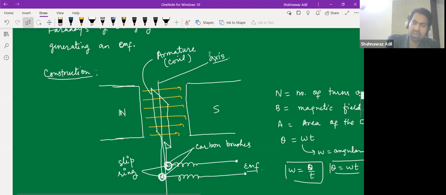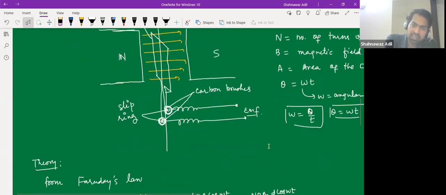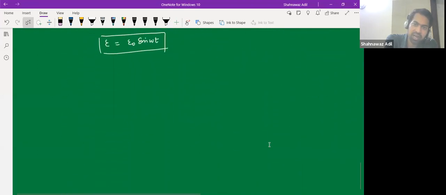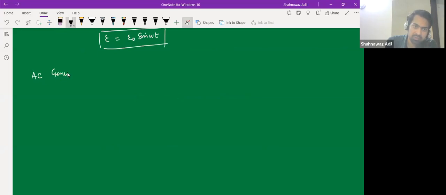You have a fast flow of water currents, and in that the coil is placed. Then the coil will rotate and you will get the AC generator, so you will get the EMF. That kind of AC generator is called a hydro plant. I'm just naming a few AC generators.